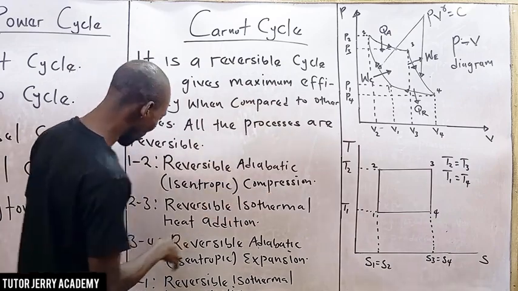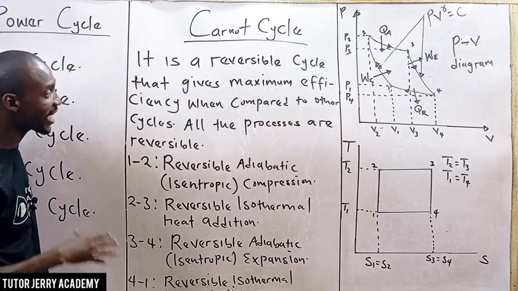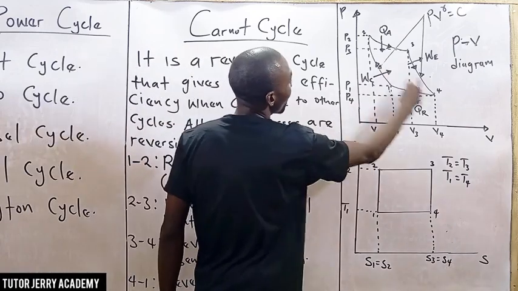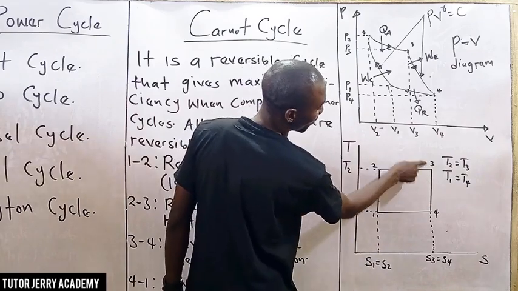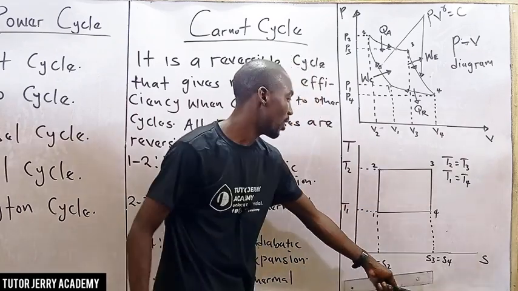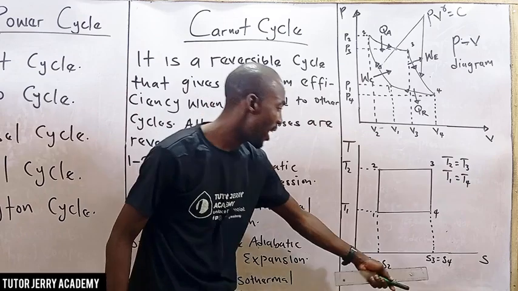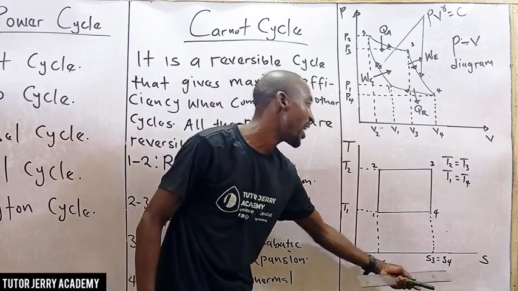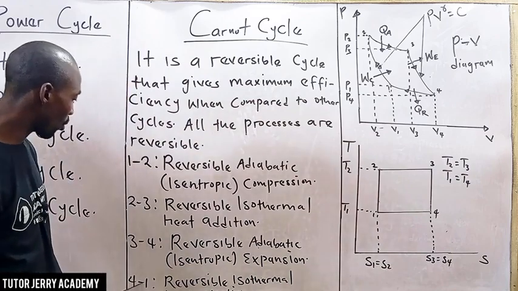All right. So now for 3 to 4, which is called reversible adiabatic expansion. On the TS diagram, that happens at a constant entropy, an isentropic process. That is S3 is equal to what? S4.